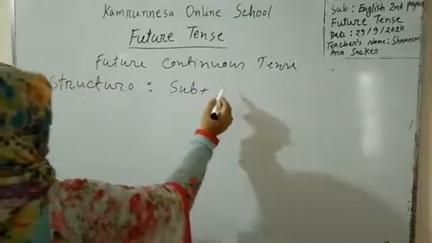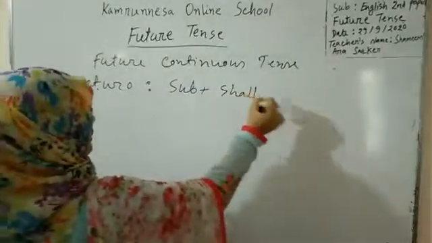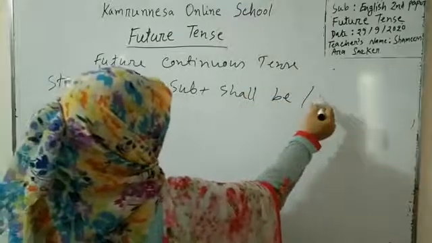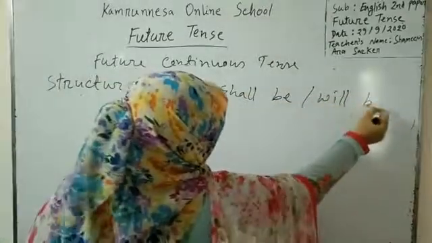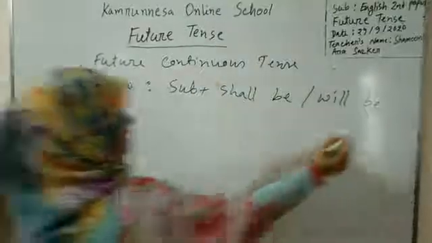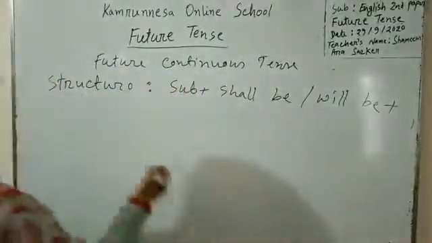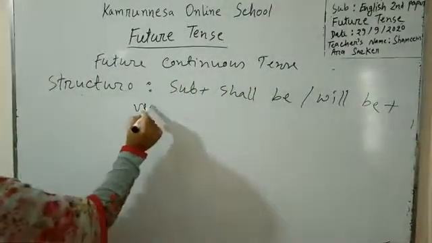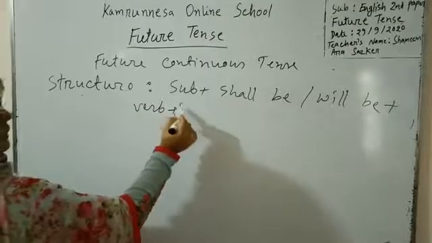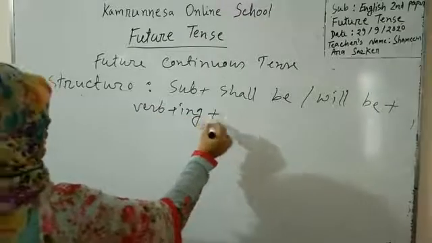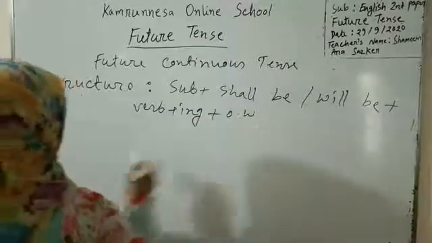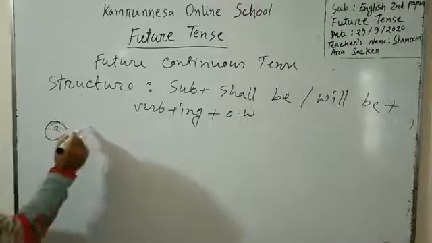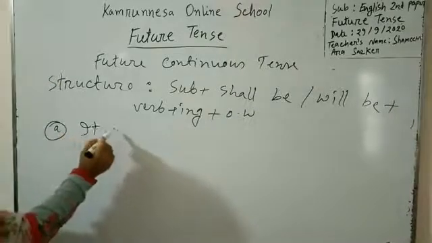Subject plus shall be or will be plus main verb with ing form plus other word. Look at the example.